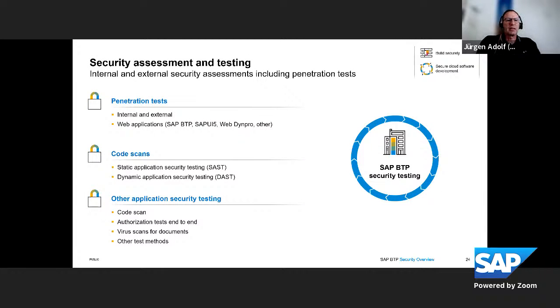And part of these testing measures are the internal and external security assessments, which include penetration testing, code scans, and other application security testing possibilities like virus scans for documents and other test methods.